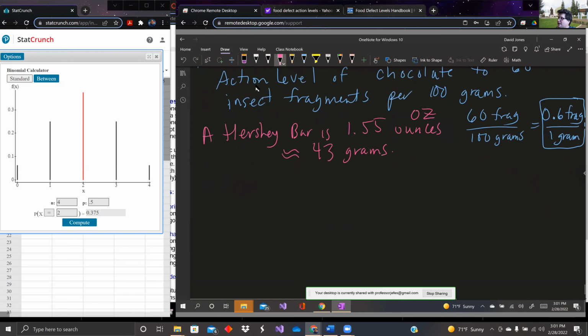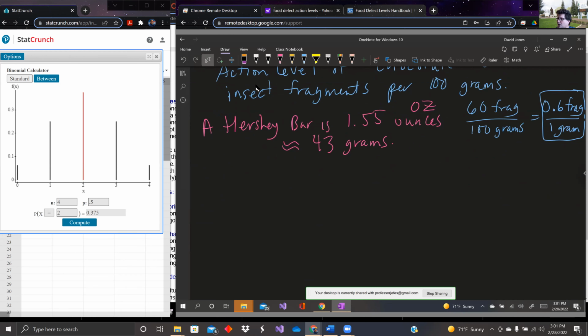And so we are going to look at the probability. What is the probability that in a Hershey bar, we have exactly 3 fragments?